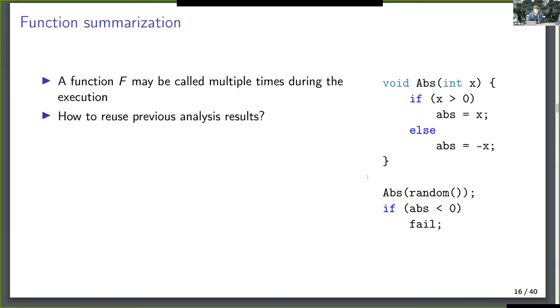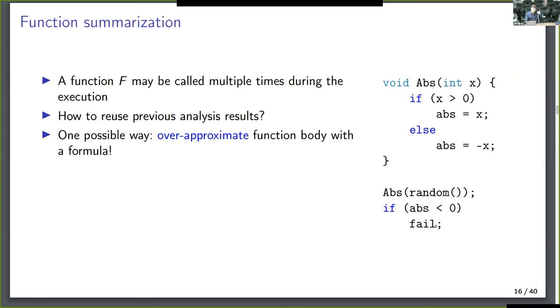If we have called ABS on some random number, and then we want to validate that this ABS is positive, and if we have already previously executed ABS, we might have generated some formula. So this is the idea behind the summarization. If we have already called this function, we may reuse the results in the form of the condition to speed up the analysis at this time.